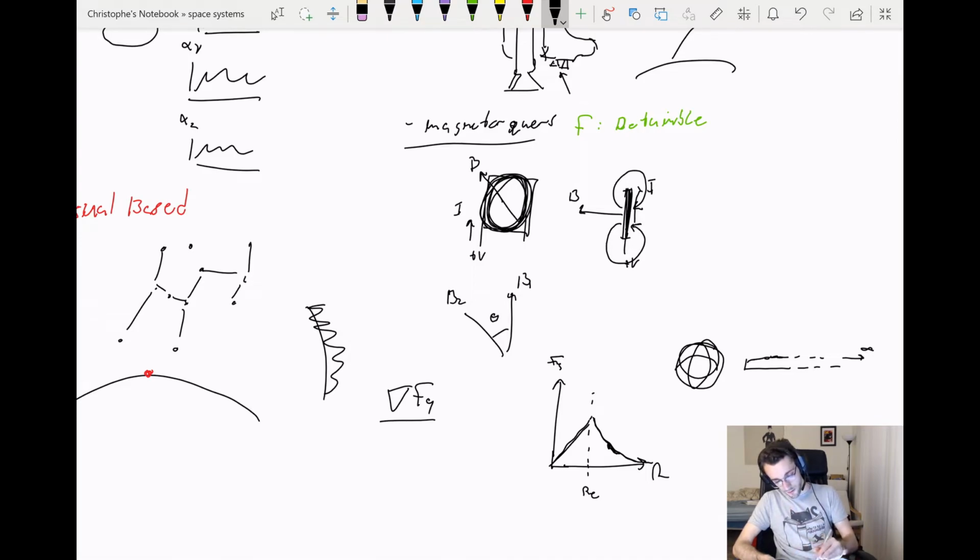This part of the rod here will be experiencing way more force than the portion of the rod out here.